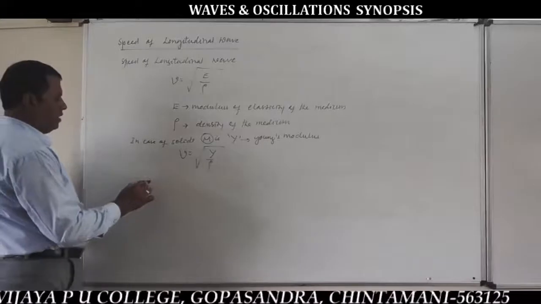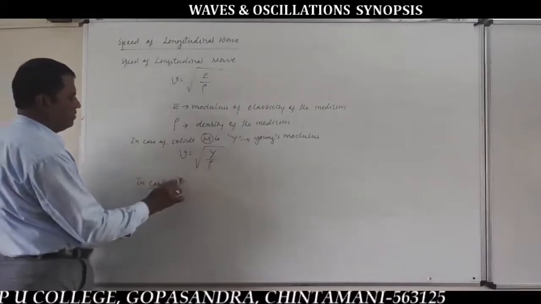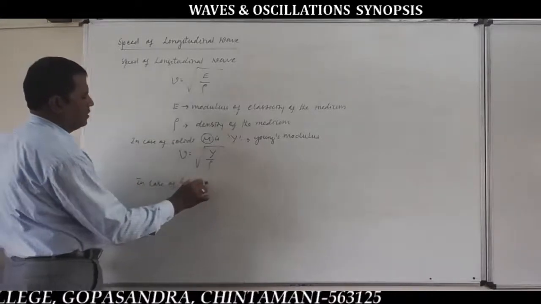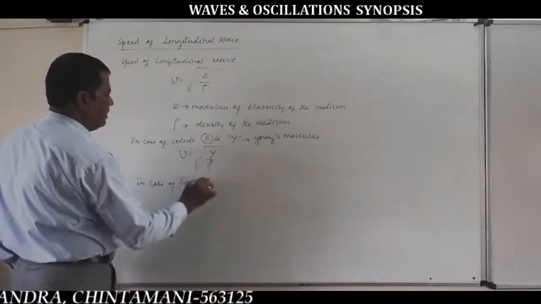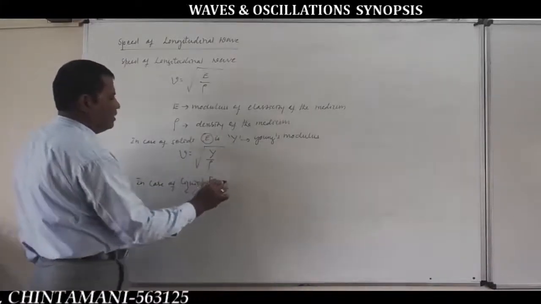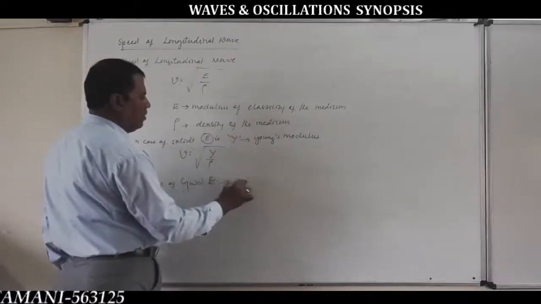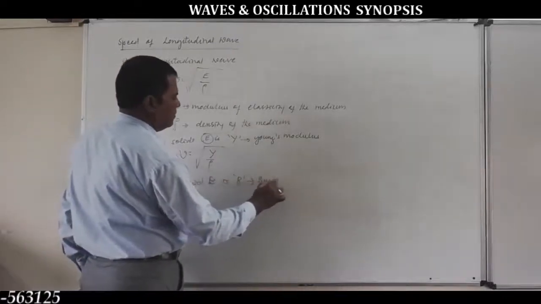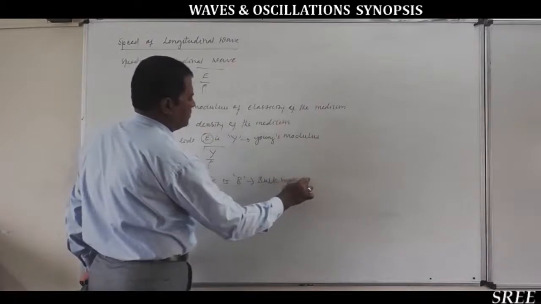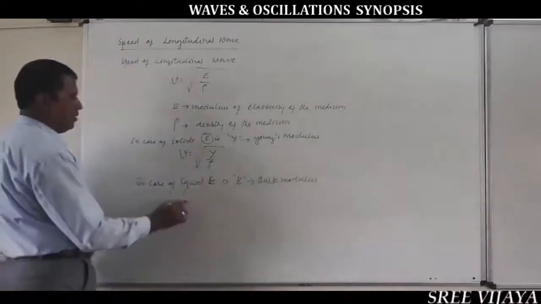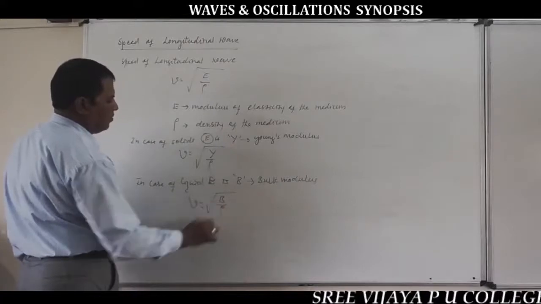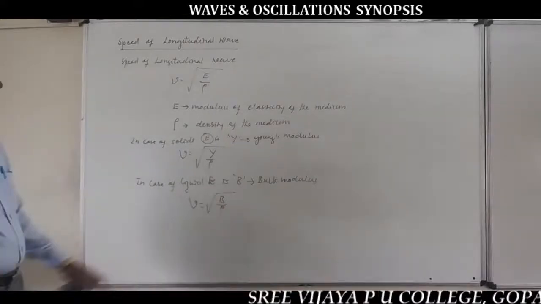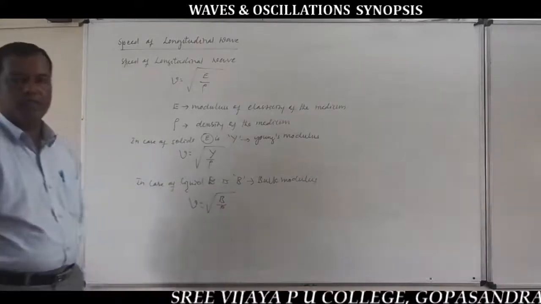In case of liquids, E, the modulus of elasticity, is replaced by bulk modulus. So therefore we get V is equal to square root of B by rho. So here Y is Young's modulus and B is the bulk modulus.